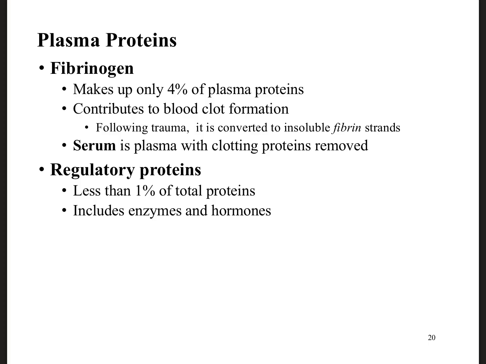Fibrinogen makes up only about 4% of plasma proteins, and its job is it contributes to clot formation, right? So fibrinogen, see this "-ogen" ending? Every time you see that, you basically know that that's an inactive form of a protein.